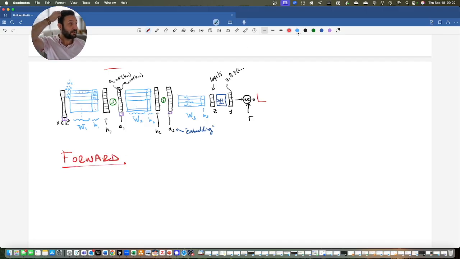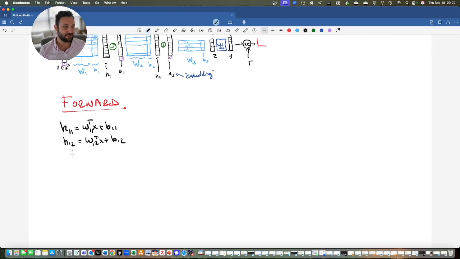In the first layer, we start with X and we get to H, right? So we know our H11 is nothing but W11 transpose X plus B11. And H12 is W12 transpose X plus B12, and so on and so forth. So we get all of these, and we call this our H1.